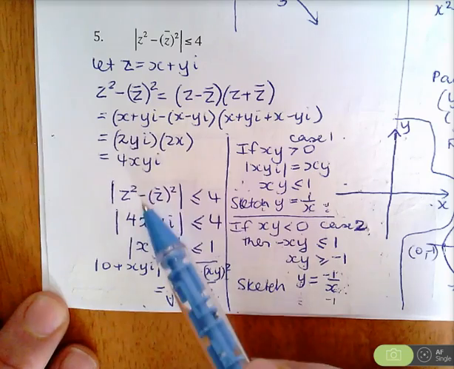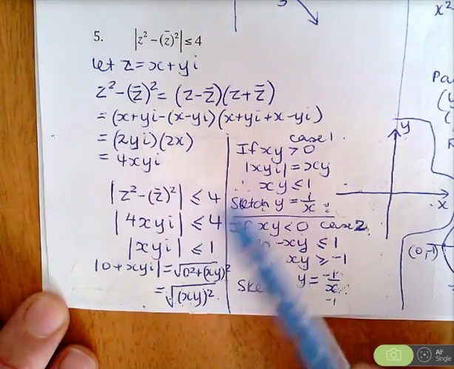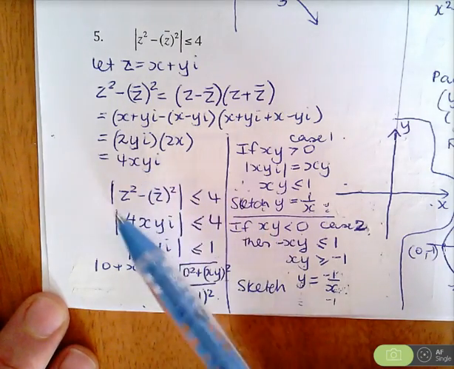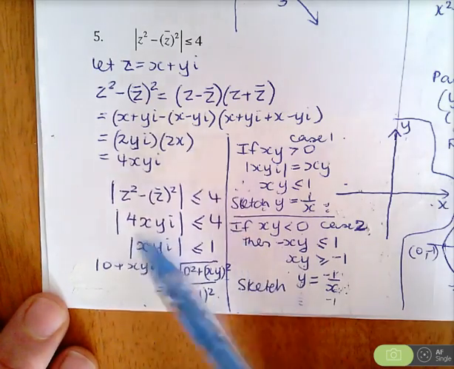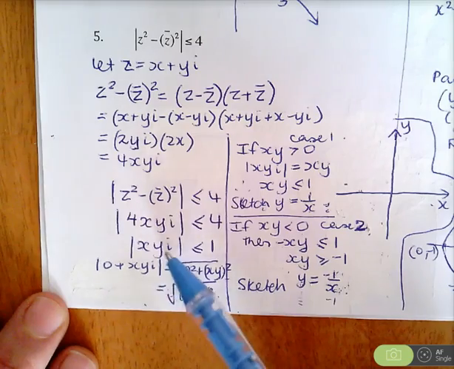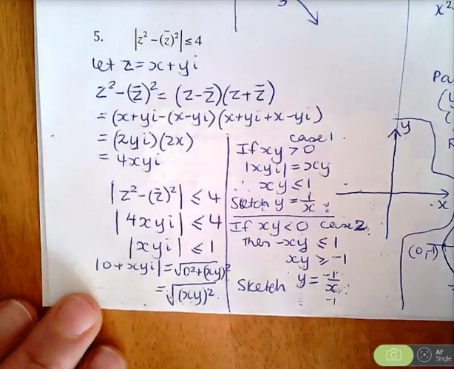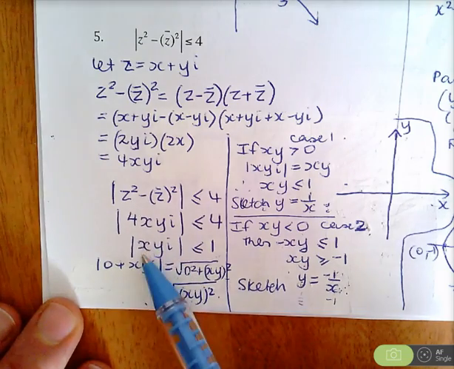So therefore the original question, the modulus of z squared minus the conjugate of z squared being less than or equal to 4, can be replaced with the modulus of 4xyi is less than or equal to 4. We can divide both of these by 4 because that 4 is positive. So the modulus of xyi is less than or equal to 1. Now this is an imaginary part. There is no real part to this.